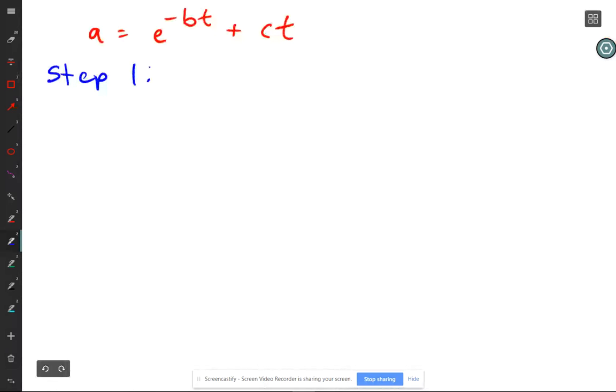Okay, what would step 1 be? That's actually going to be step 2. It's one of the steps, though. I'll put that right now.